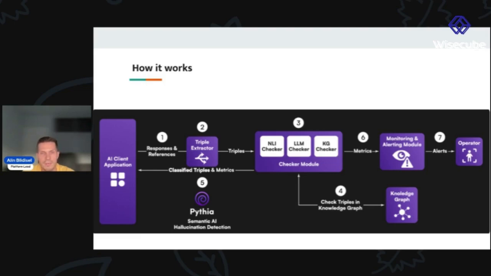So we are checking against the knowledge graph and building those claims. Based on those results, metrics are generated, and if the user wants to be alerted, he can also obtain alerts. With all of this, Pythia comes back and exposes to the user the classified metrics.